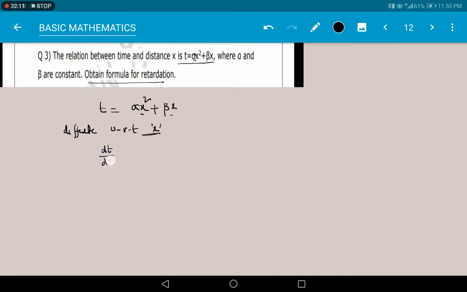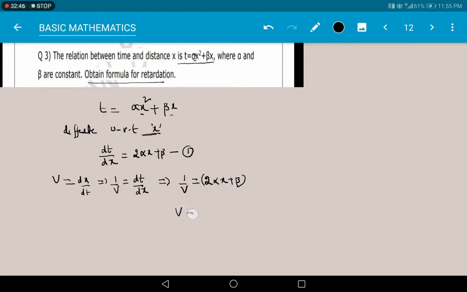dt by dx is equal to 2 alpha x plus beta. So we know that v equals dx by dt. Now can I write this as 1 by v equals dt by dx? So now we can substitute here 1 by v equals 2 alpha x plus beta.